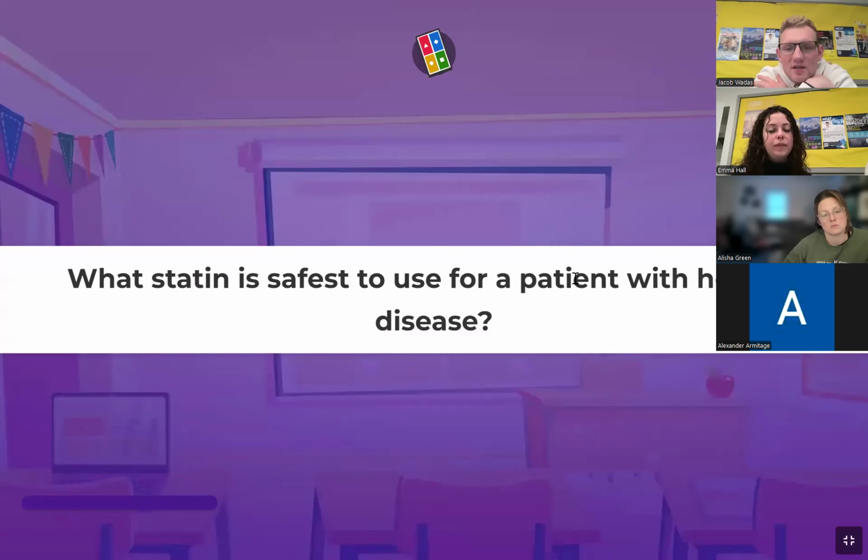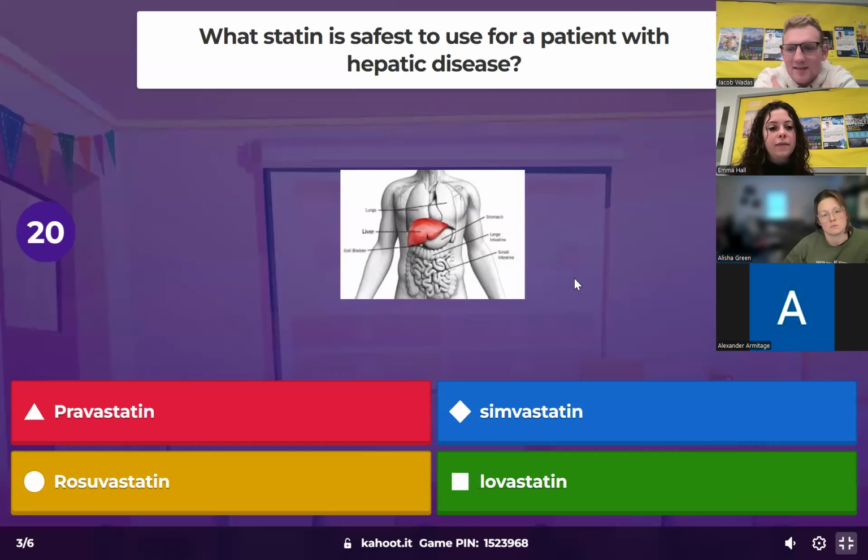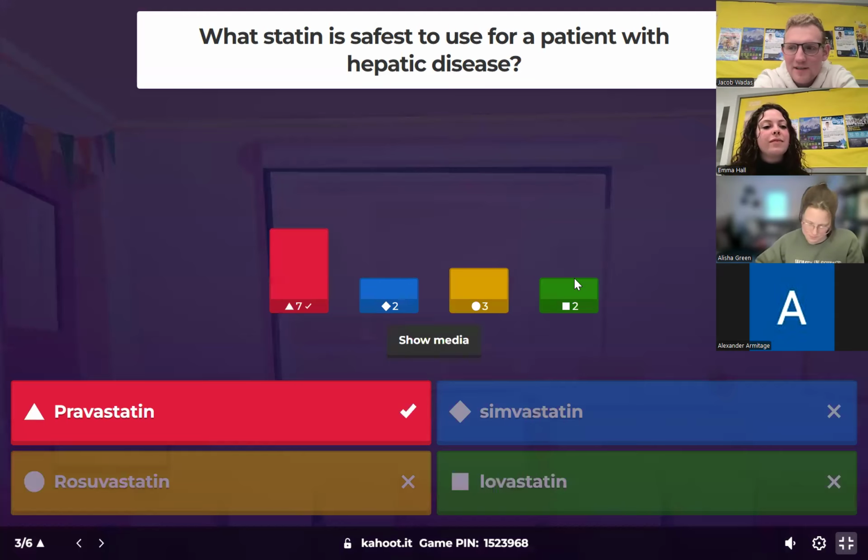What statin is safest to use in patients with hepatic disease? Remember, the chart is at the bottom of the chart. Very good, pravastatin.